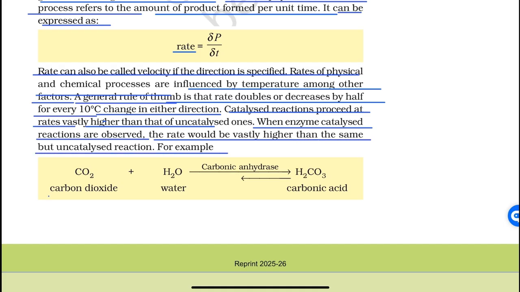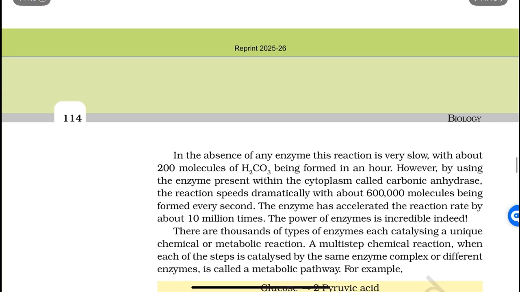For example, carbon dioxide, that is CO2, plus H2O, water, in the presence of carbonic anhydrase gives H2CO3, which is called carbonic acid.